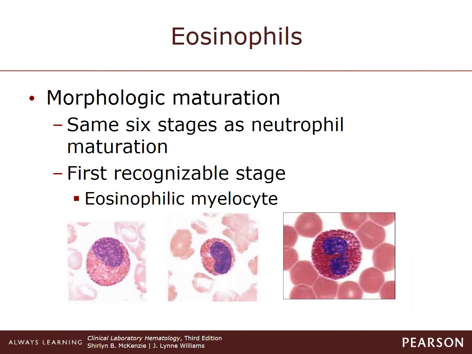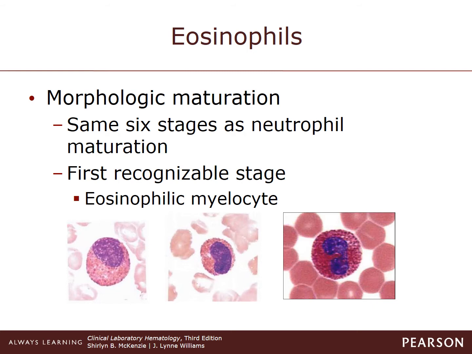When we talk about the morphological maturation, they have the same 6 stages as the neutrophil. The first recognizable stage is the eosinophilic myelocyte. So first you have the myeloblast and the promyelocyte. Those will not be distinguishable between either the neutrophil, eosinophil, or basophil.